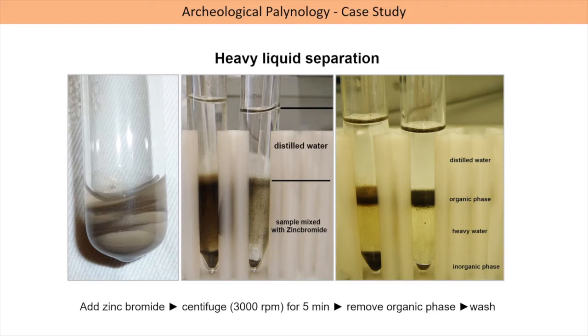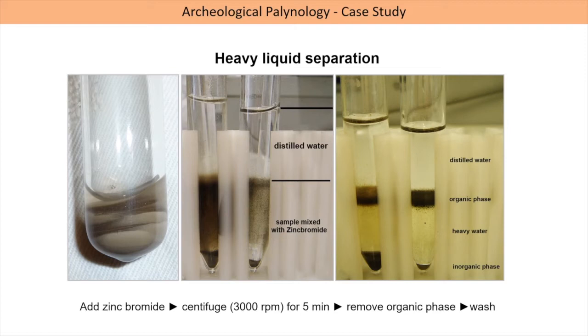What we have to do is put the heavy liquid into our sample, and then centrifuge it for 5 minutes, and afterwards the mineral phase is situated at the bottom here in the test tube. This is the heavy liquid, the zinc bromide, and here you can see the organic fraction.